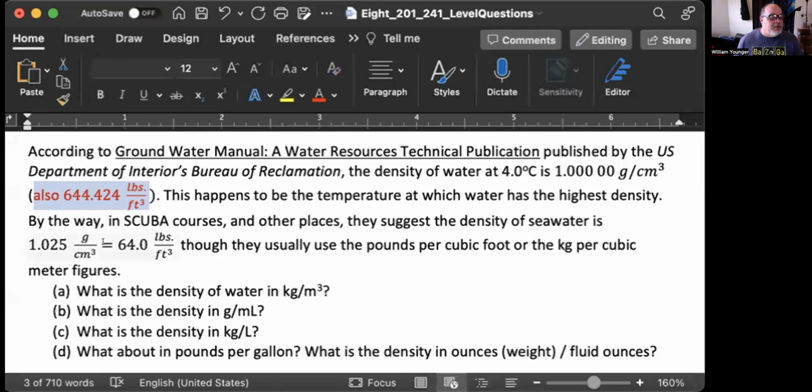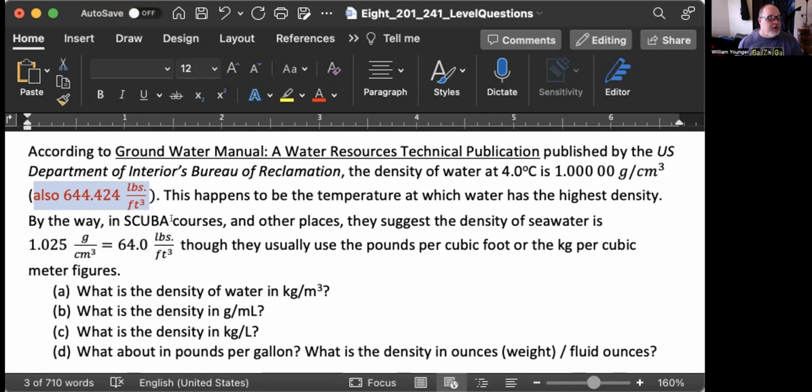By the way, in scuba courses and other places, they suggest the density of seawater is about 1.025 grams per cubic centimeter, but they usually use it as 64.0 pounds per cubic foot, and sometimes they'll use the kilograms per cubic meter figure as well. So that's a nice different approach.